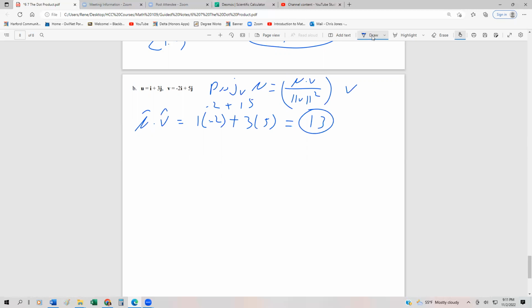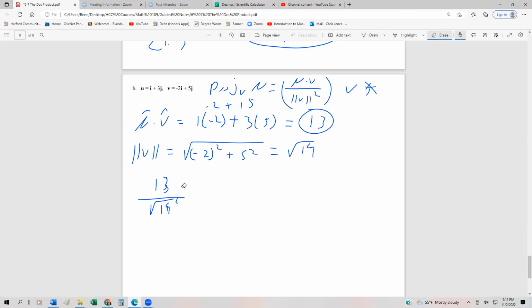Next, we find the magnitude of v. The magnitude of v is the square root of (-2) squared plus 5 squared, that's the square root of 19. If we throw this into our formula, u dot v is 13, and we have the magnitude squared, so the square root of 19, squared.